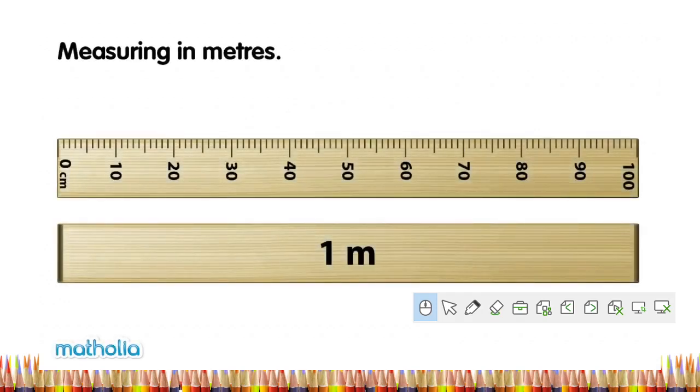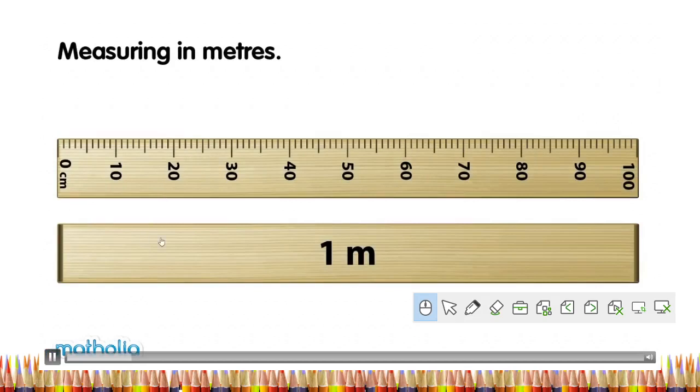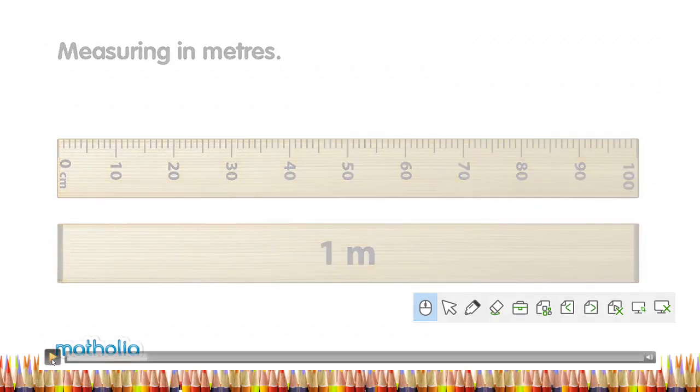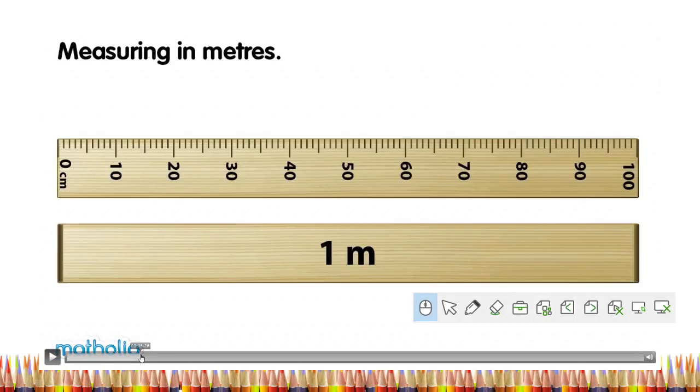Measuring in meters. Both of these rulers are 1 meter long. So look, this ruler is 1 meter and this ruler is 1 meter. Here we have from 0 till 100 centimeters, and I told you that 1 meter is equal to 100 centimeters.